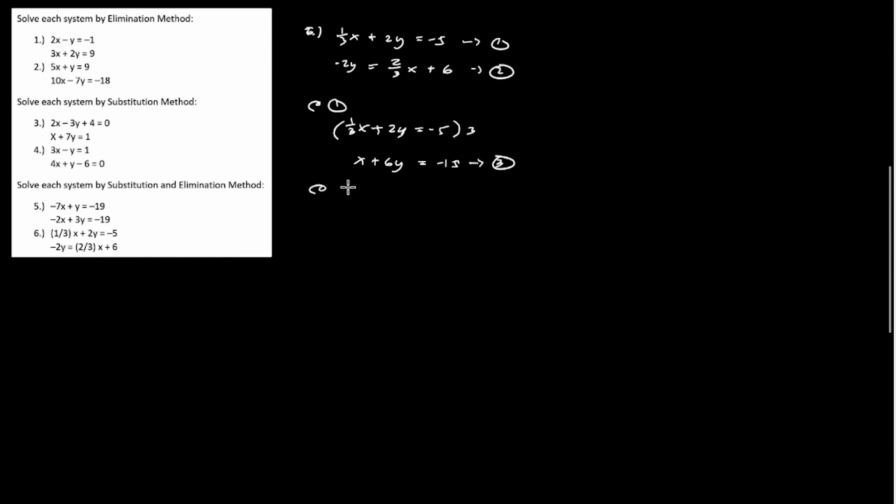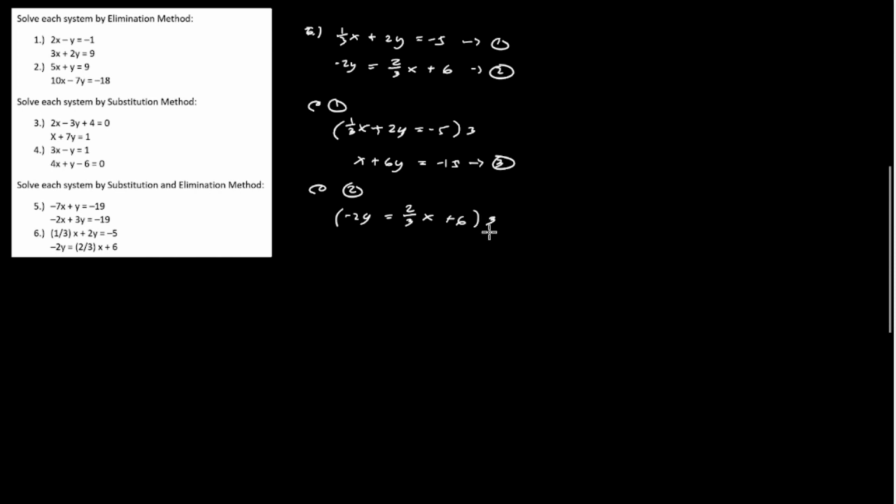At 2, negative 2y is equal to 2/3 of x plus 6, and to eliminate the denominator, we multiply it by the LCD, which is 3.